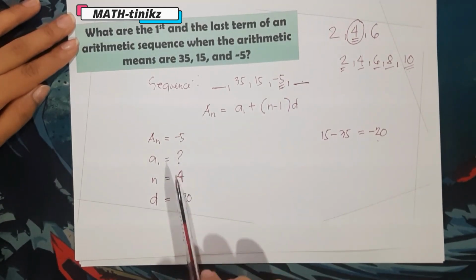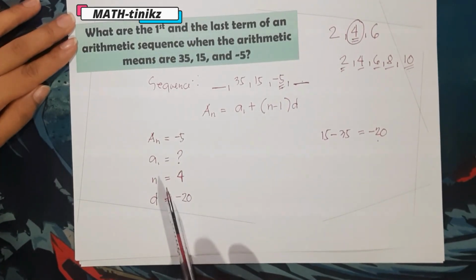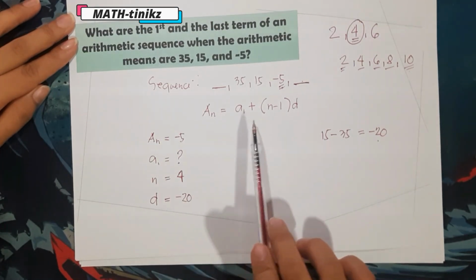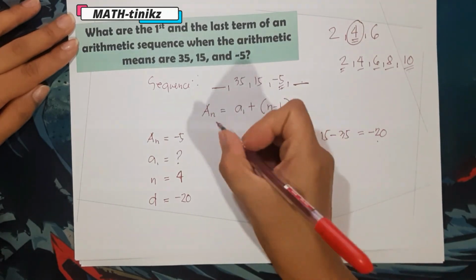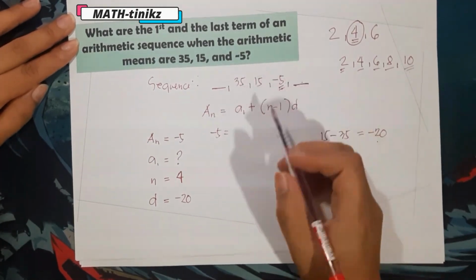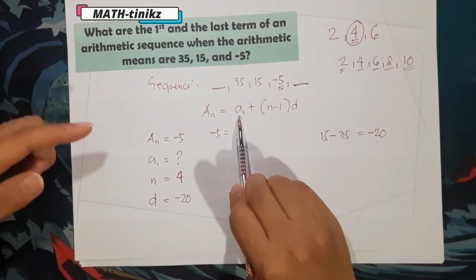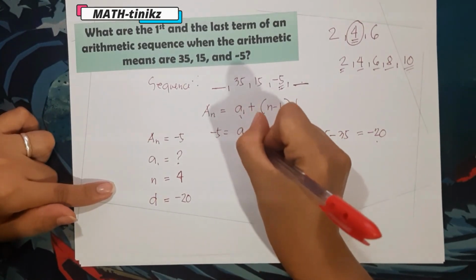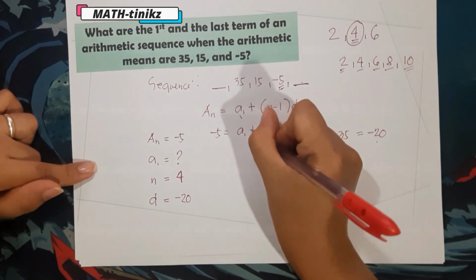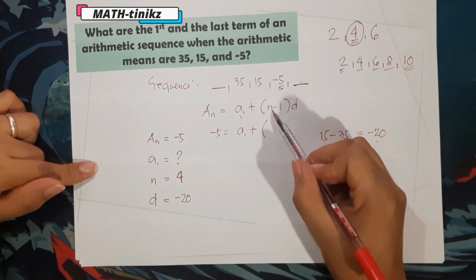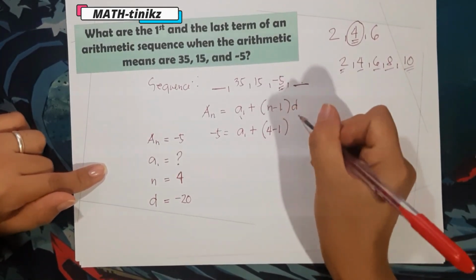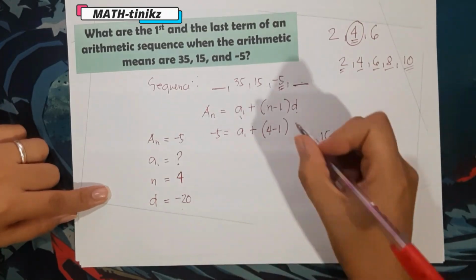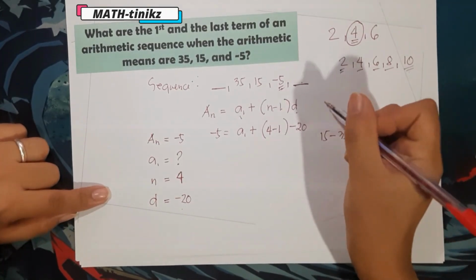Now, this value here, we're going to substitute into our formula. The value of our a sub n is negative 5. And the value of our first term, wala pa. So, just copy a sub 1 plus the value of our n is 4 minus 1 times the common difference negative 20.